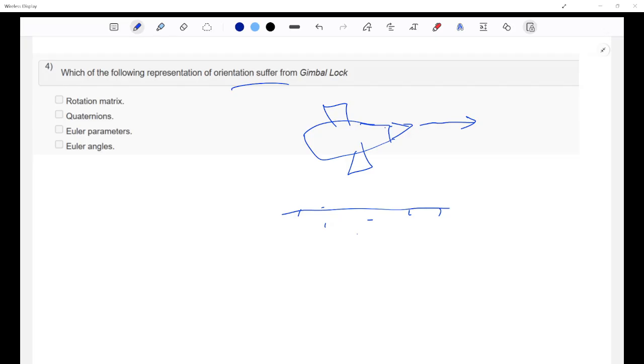Okay, Shravan Kumar is perfectly right. Loss of one rotation, that is true, but I'll come to that. How many degrees of freedom does this aircraft have? Come on, what is degrees of freedom?